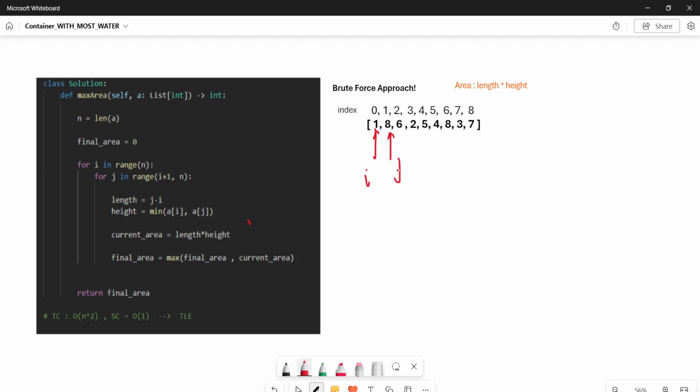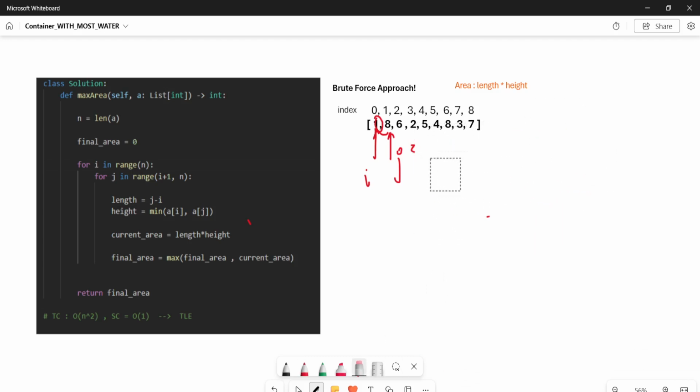What we are doing is finding each and every combination blindly. Why blindly? Because we know that the area will be more if the height and the width will be more. If we maximize both length and height, then the area will be maximum.